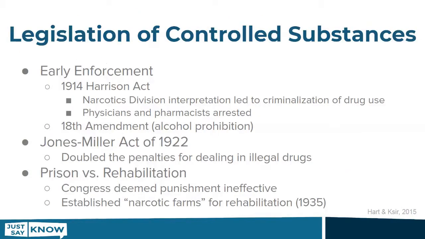So again, as far as legislation of controlled substances, our early enforcement, that 1914 Harrison Act, like I mentioned before, is essentially the narcotics division interpretation led to a lot of criminalization of drug use. And of course, the term narcotics is kind of a misleading term when it comes to this stuff, though it's used as a blanket term to refer to illicit drugs.